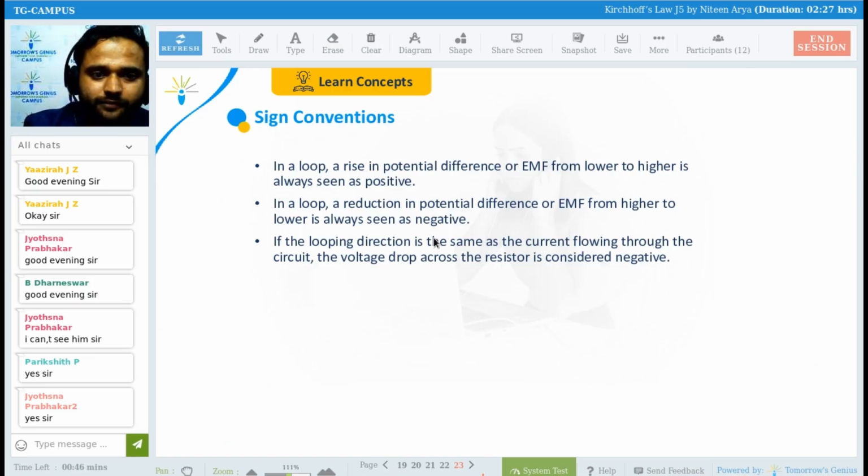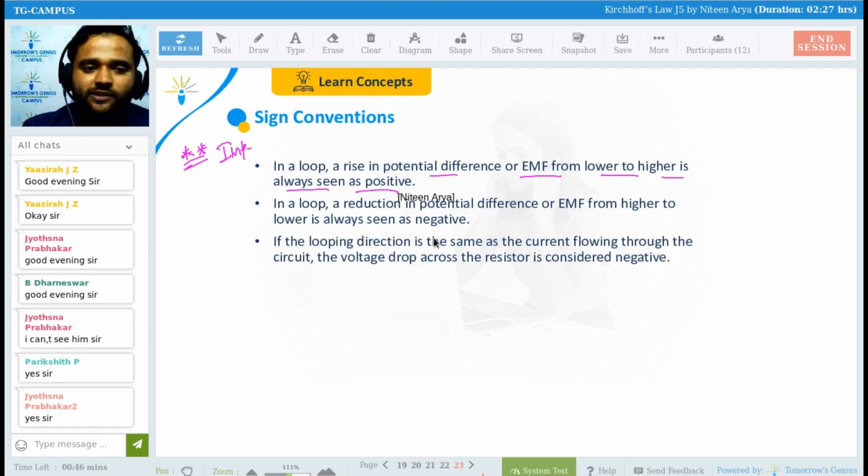So the sign convention is important. Based on this, more than 80% of the students solve in a wrong way. So that is important. In a loop, a rise in potential difference or EMF from lower to higher is always seen as positive. Now what does that mean?